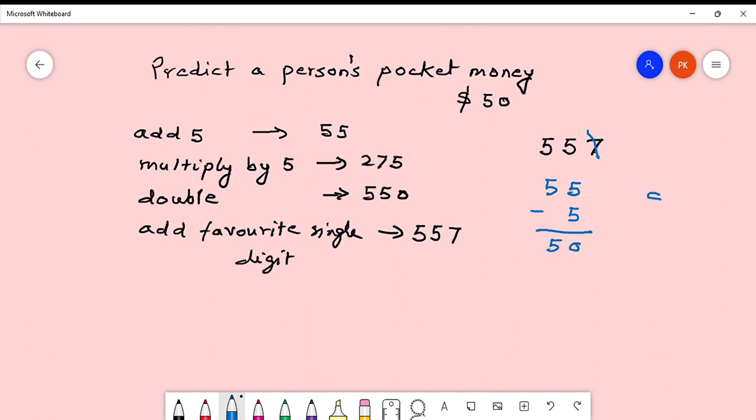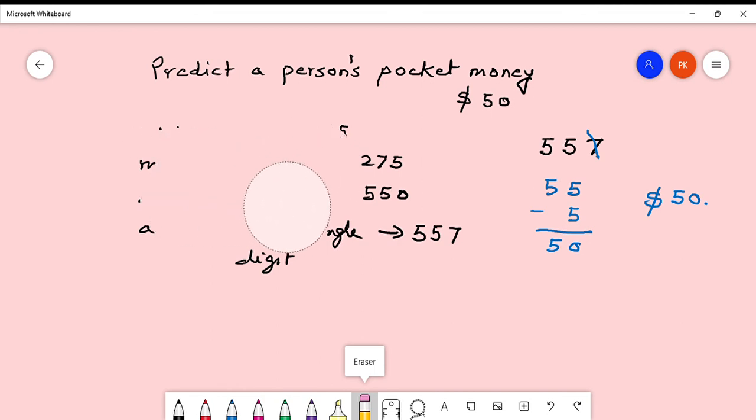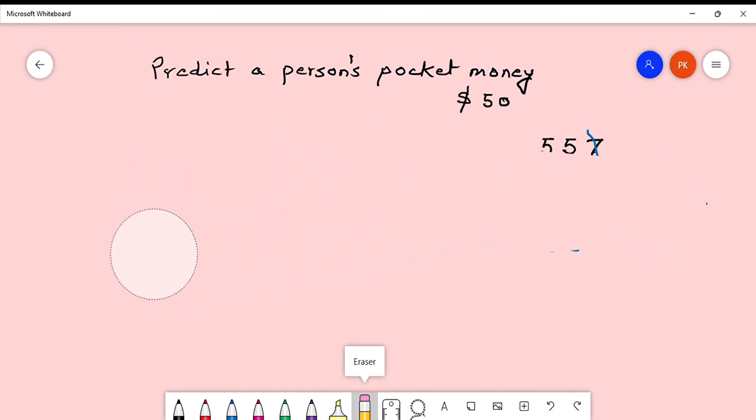That means this person has $50 in his pocket. So this is how you can predict. Let us just take one more example like this as fun. Suppose a lady has 100 pounds in the pocket.